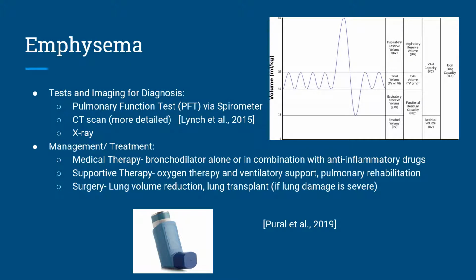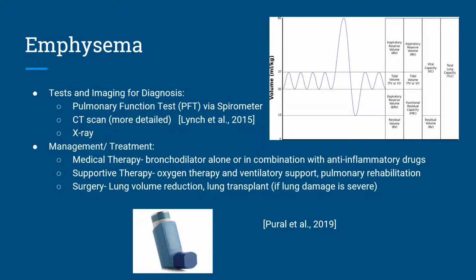So a lot of times emphysema can be diagnosed with pulmonary function tests, where a key signature can sometimes be a large functional residual volume on expiration, but it also can be confirmed through imaging, through radiographs, as well as a CT scan, which can sometimes be a little bit more detailed and definitive.